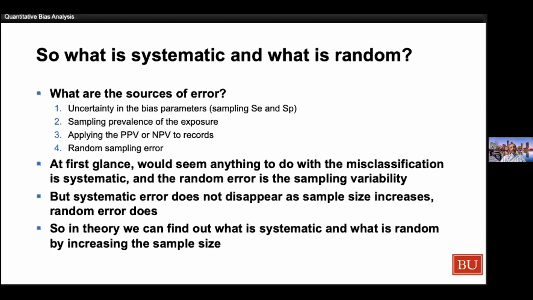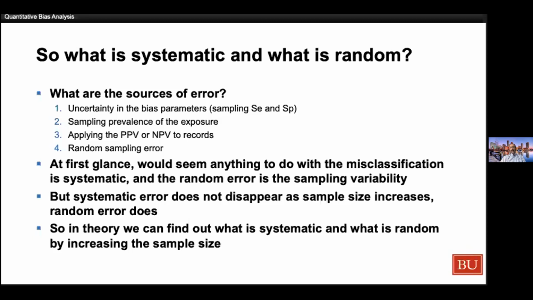The way I always saw it, or at least the way I originally classified this, I would say that those first three all relate to the misclassification, and therefore that is systematic error uncertainty. And the bottom is the sampling error, the conventional random error. So that's your random error. And so if we separate those two out, the first three go under systematic error. The fourth goes under random error.